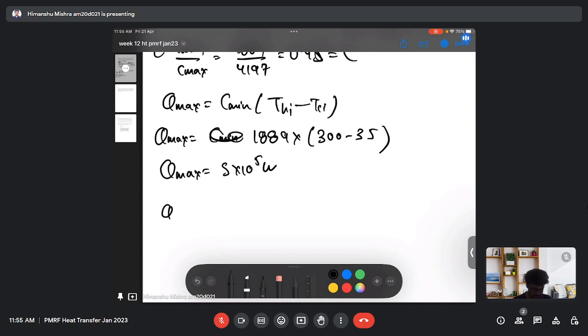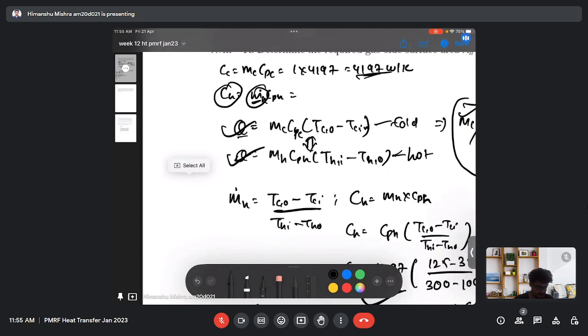Now to calculate the actual heat transfer, we can use either this relation or this relation; with any of them, we will get the same. I'm using this one for cold.